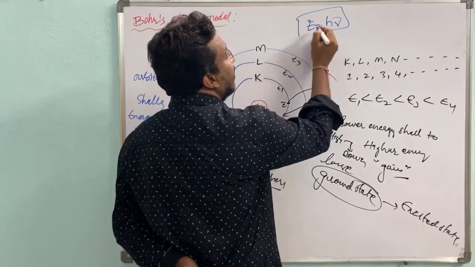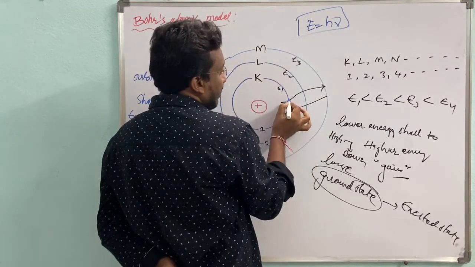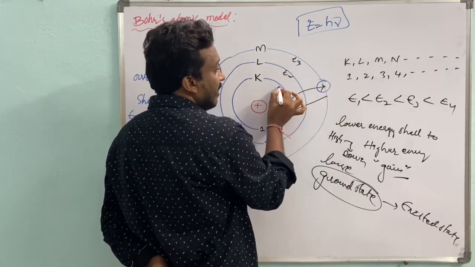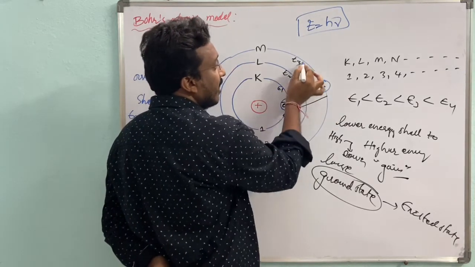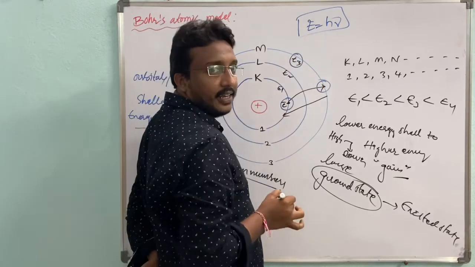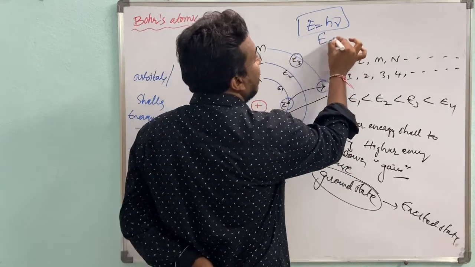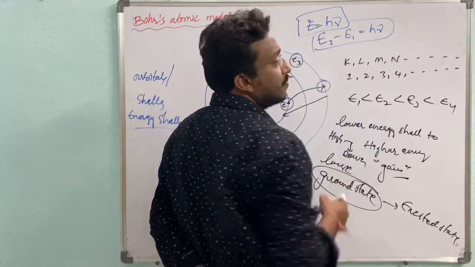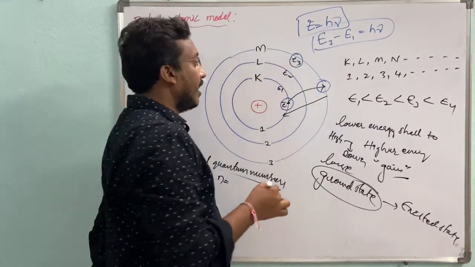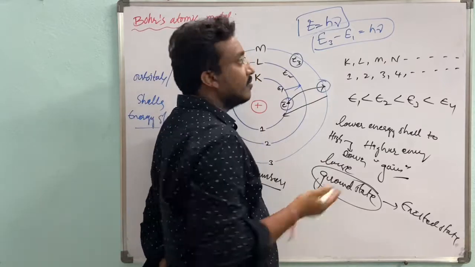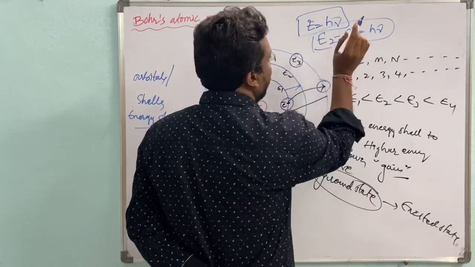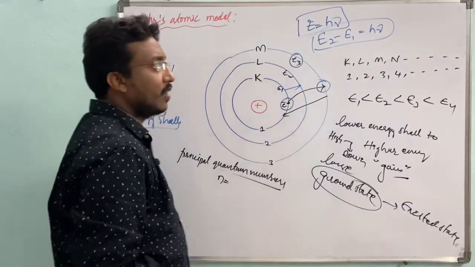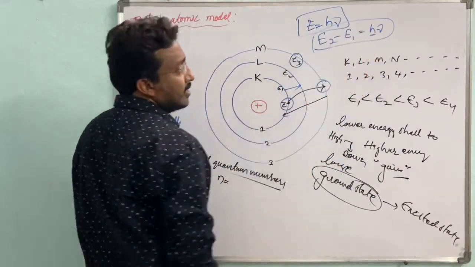If the electron jumps from K shell to M shell, with K shell's energy level E1 and M shell's E3, then E3 minus E1 equals h nu. If it jumps from E1 to E2, then E2 minus E1 equals h nu. Here h is Planck's constant.